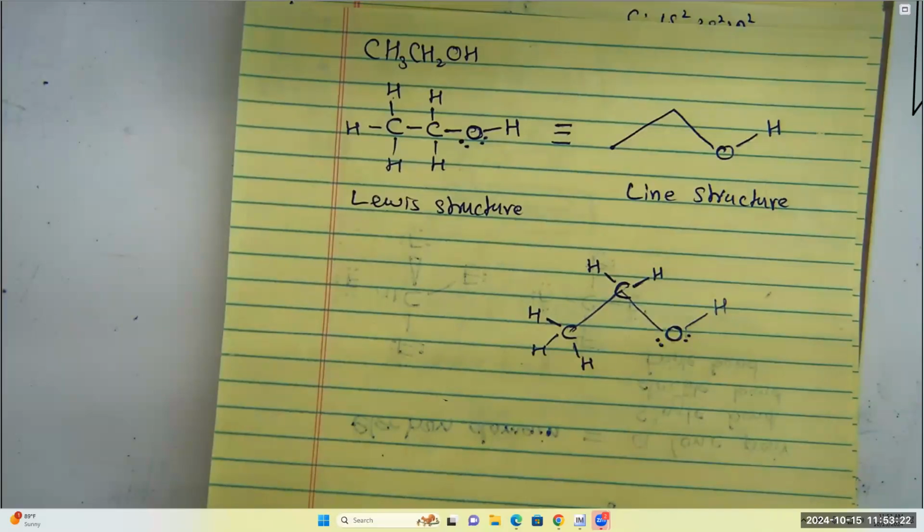We don't write a line structure for CH4, because we only draw line structures to make our life easier, not the other way around. CH4 has only one carbon, therefore we don't draw line structures for that. We draw line structures only when we have more than one carbon, and hydrogens bonded to them. All right. Any other questions, concerns, comments?